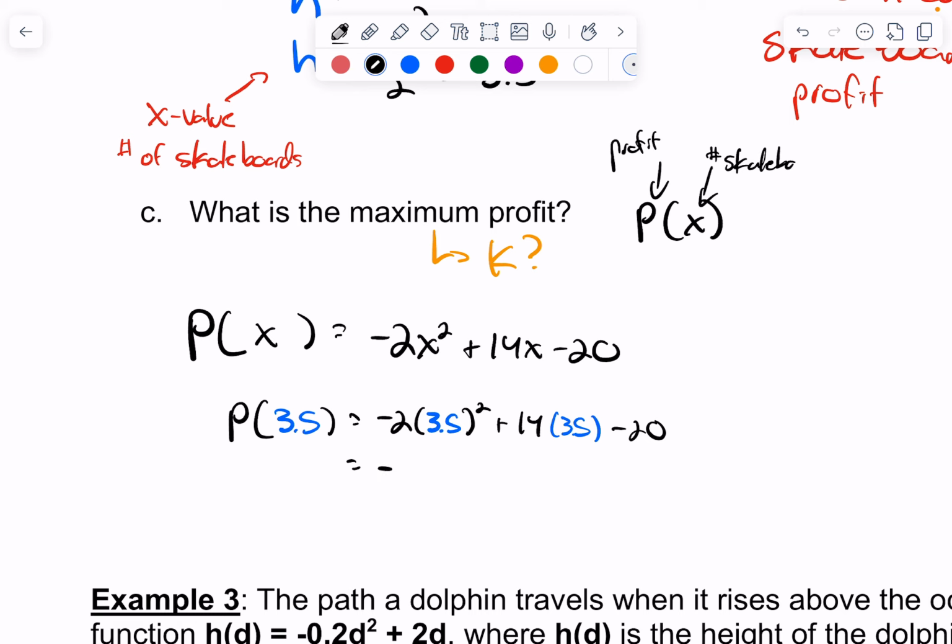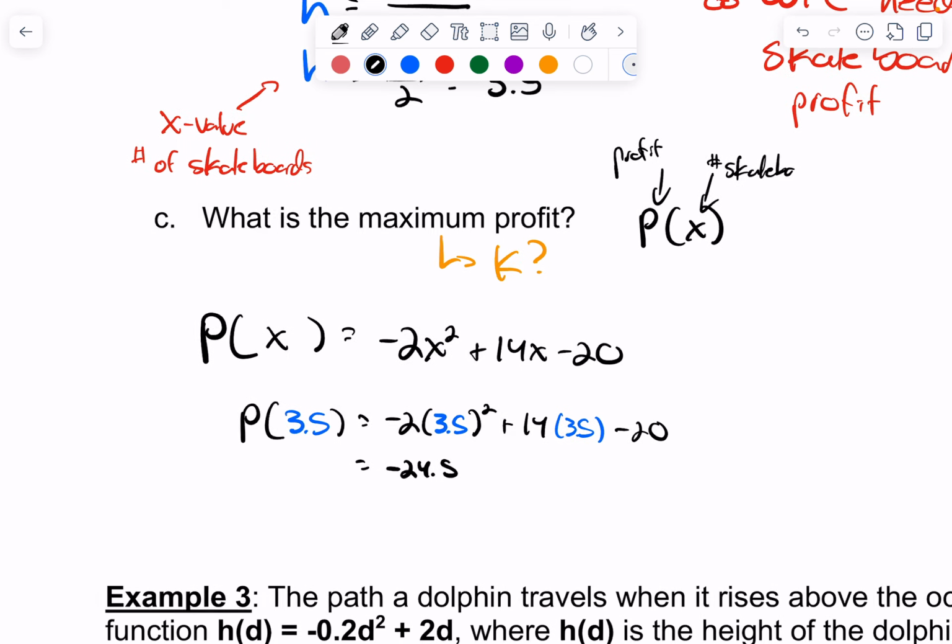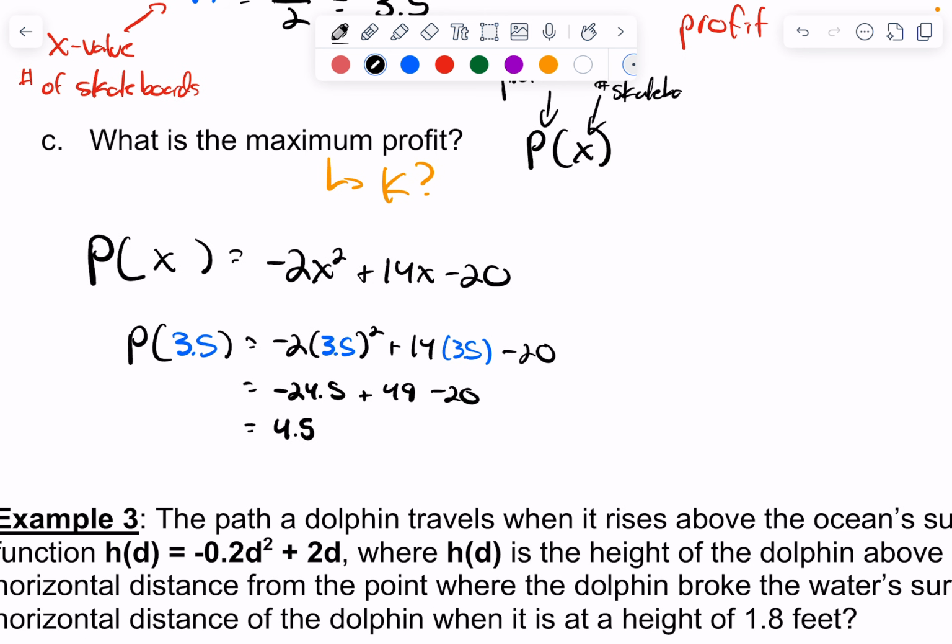So this first term is minus 24.5. And then we have 14 times 3.5 plus 49 minus 20. All right, so then minus 20 minus 24.5. We'll get 4.5.